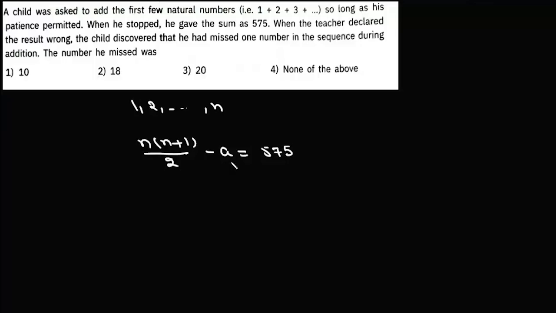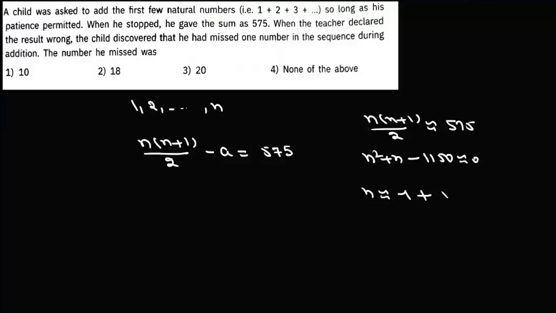So what we'll do is, rather than finding this a, we'll find a number n which is closer to 575. Now this is n square plus n minus 1150 equals 0. So the value of n which is closer to this sum will be, taking the plus sign, minus 1 plus the square root of 1 plus 4 into 1150, whole divided by 2.